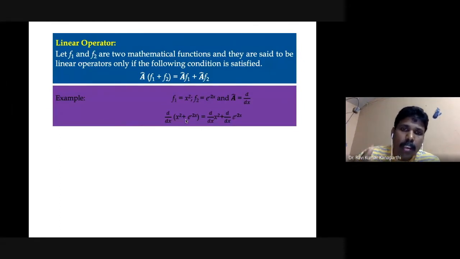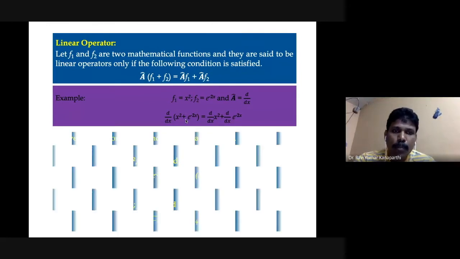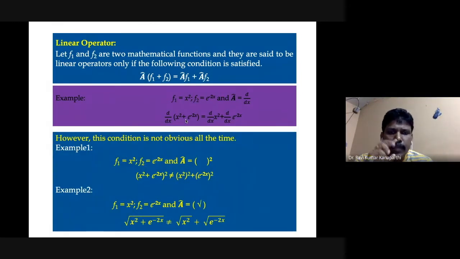Okay. This condition looks quite obvious, but it is not so. For example, take two functions: x square is one function, and the other function is e to the power minus 2x. And you take the operator square, not x square, the square of the operator.